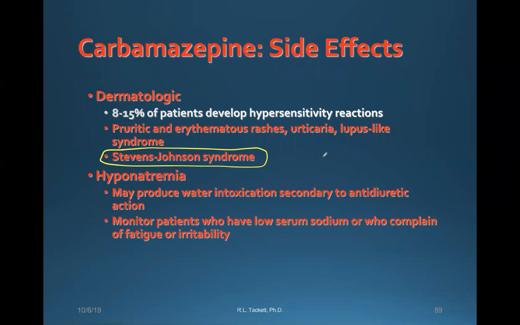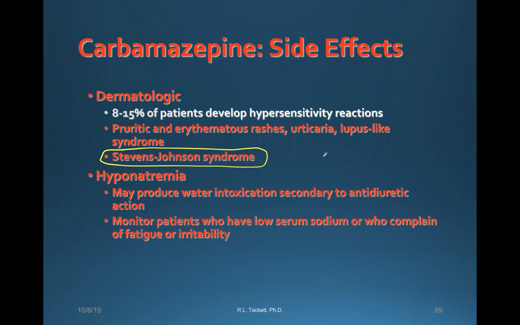When you get to Stevens-Johnson, and we'll talk about it a little bit later today too, it's typically when you have under 10% of the body surface area involved. When it goes to the severe toxic epidermal necrolysis, which we refer to as TEN, T-E-N, then you've got over 30% of the body area.